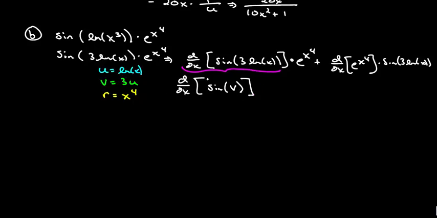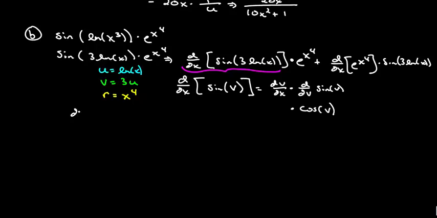Well, I need this with respect to v. So this is going to be dv/dx times d/dv of the sine of v. Well, d/dv of sine v, that's the derivative with respect to v of the sine function, that's cosine v. Now dv/dx, well, what is that?